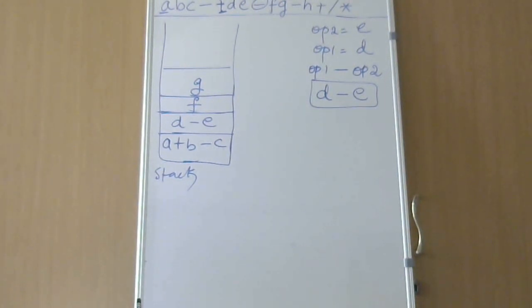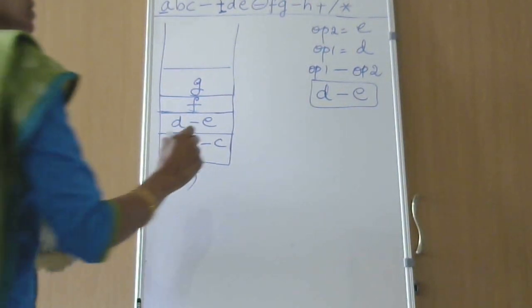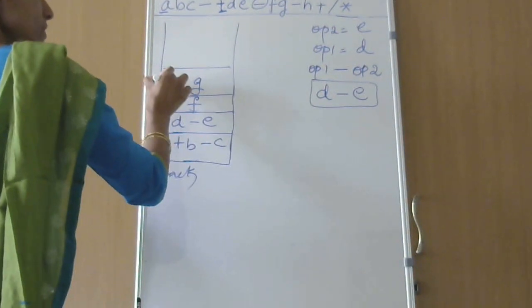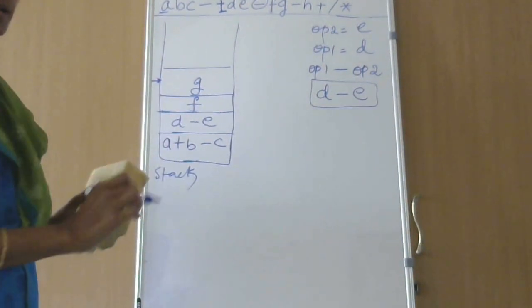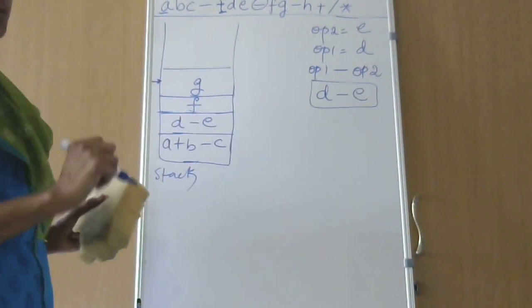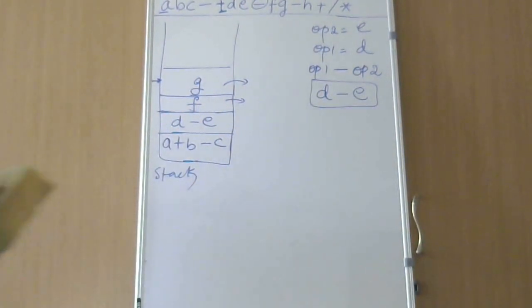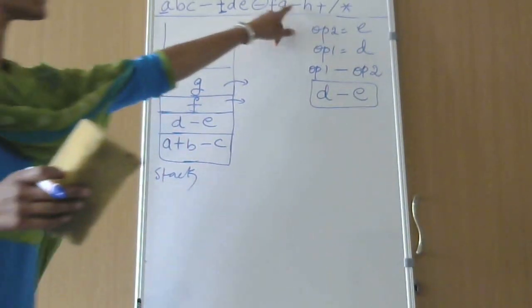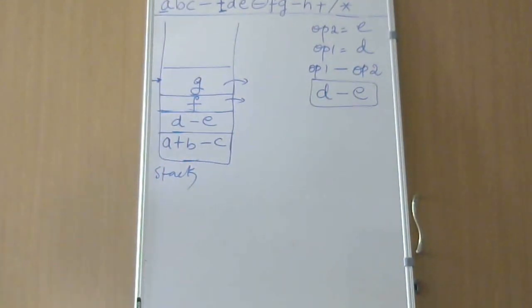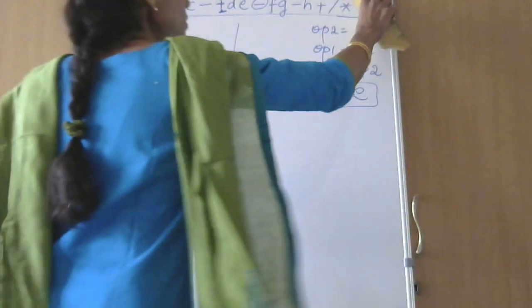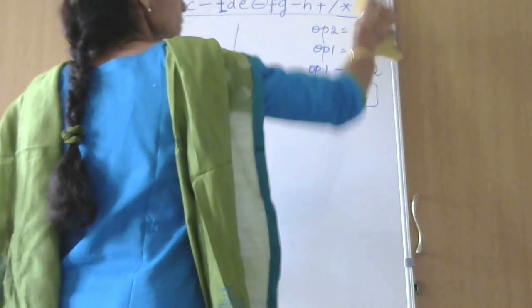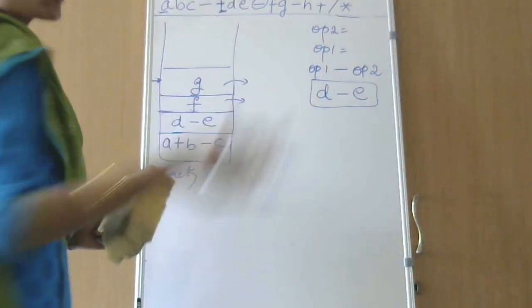Next is what? Minus again. Minus means where is the top of the stack pointing? This is my top of the stack. Correct? Top two elements you have to pop out. These are the top two elements, G and F. I'll have to pop out these two elements and apply the minus on them. Correct? So when I pop them out, I'll store them in the variables.